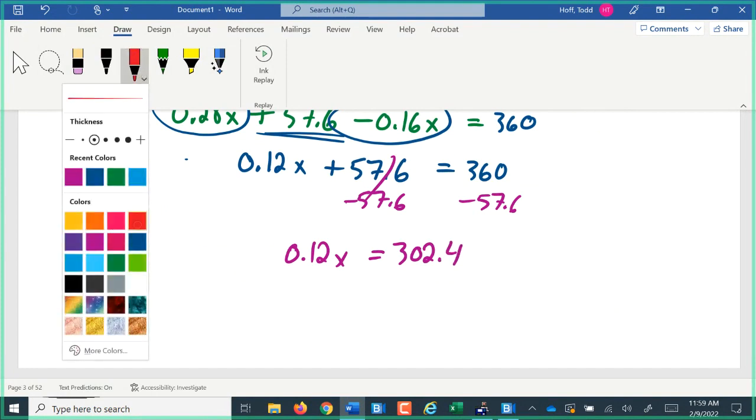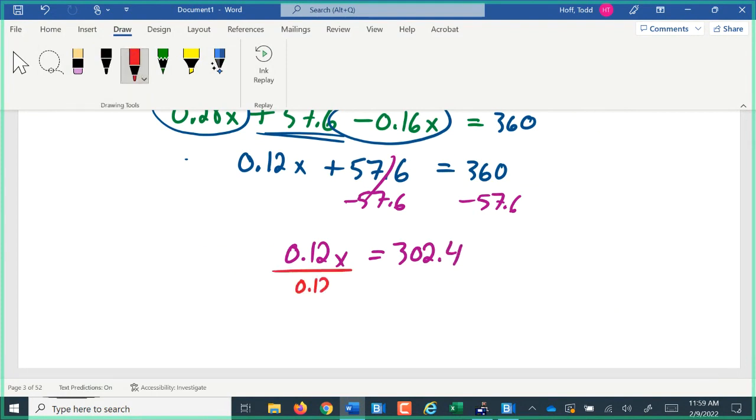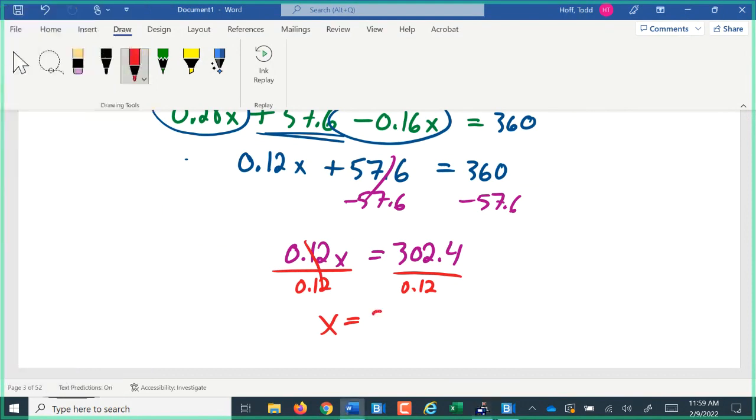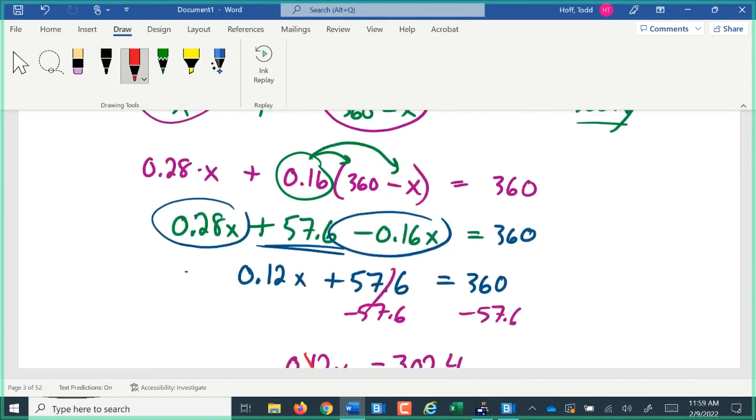Then we'll divide by the 0.12. x equals 302.4 divided by 0.12. 2,520.